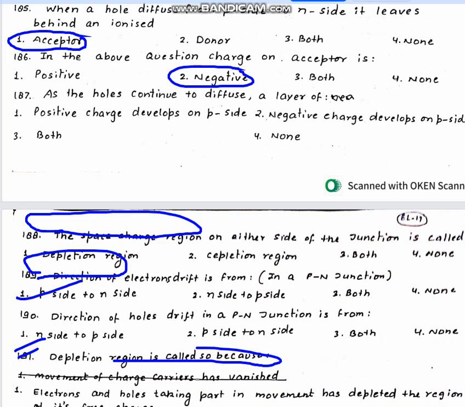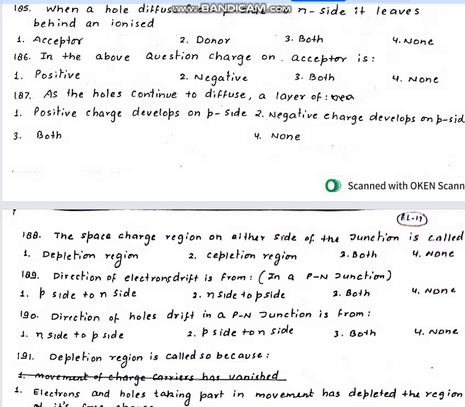Next, as the holes continue to diffuse, a layer of negative charge develops on the p side. Next, the space charge region on either side of the junction is called the depletion region.